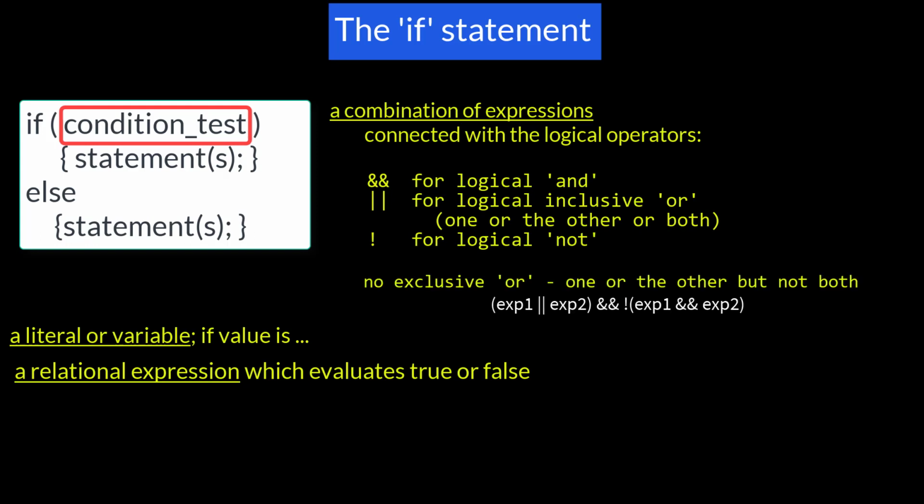Note, there is no exclusive or operator, that is, one or the other but not both, but you can build this functionality by simply testing with multiple operators. For example, expression 1, vertical bar, expression 2, so that's inclusive or, and not expression 1 and expression 2. There are some other possibilities, but they're beyond the scope of this course.